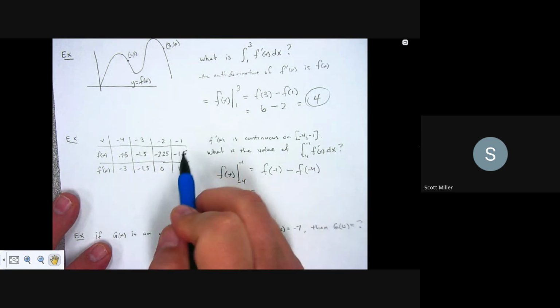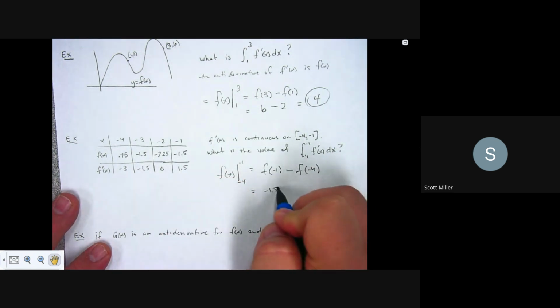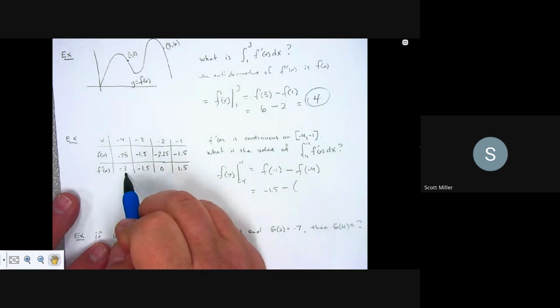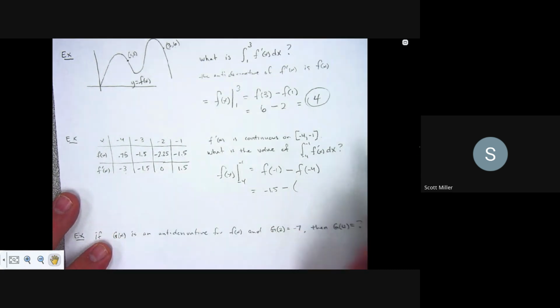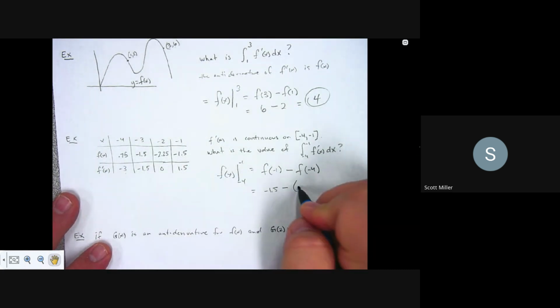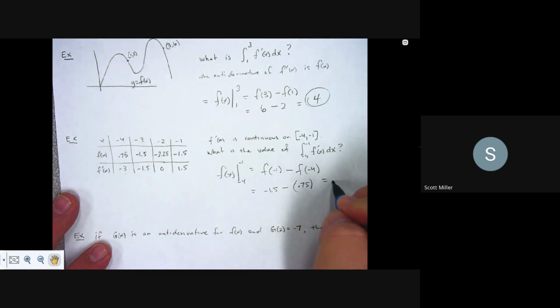Here's -1. f at that point is -1.5. And then f at -4 is 0.75. And then you work that out and you get -2.25.